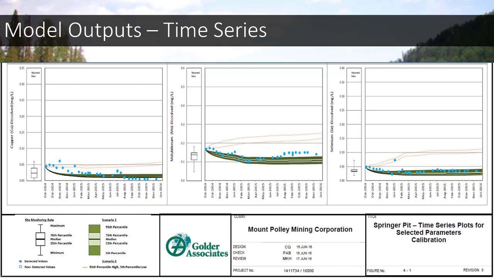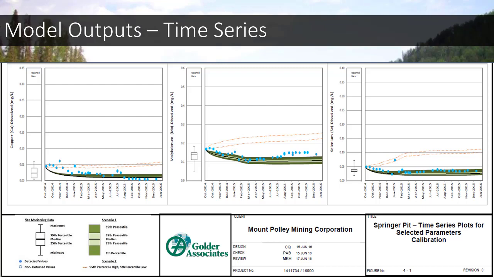So in this example, these are concentrations in mine waters, so copper, molybdenum, and selenium, and the green bands are showing probabilistic uncertainty. So the black line is the median prediction, and the green bands are 5th and 95th, and the light green is 25th and 75th.